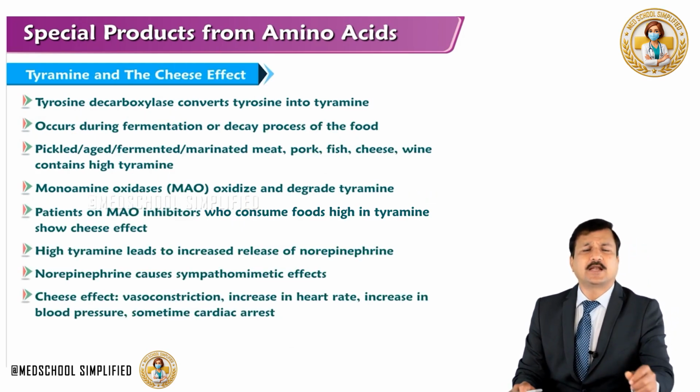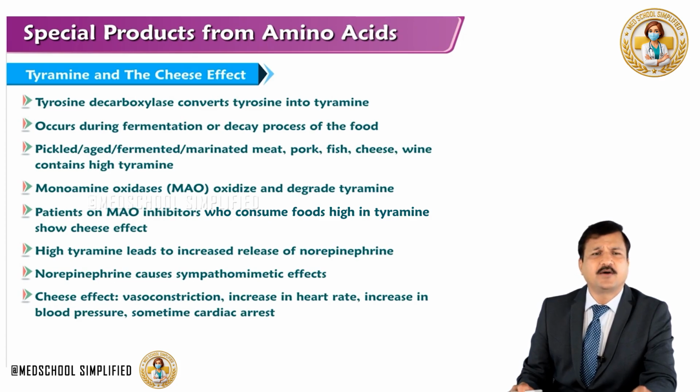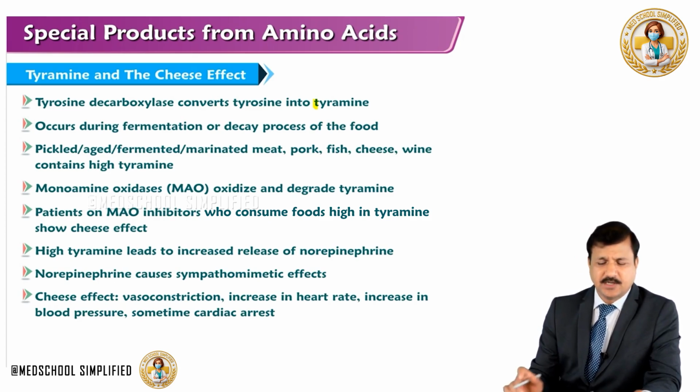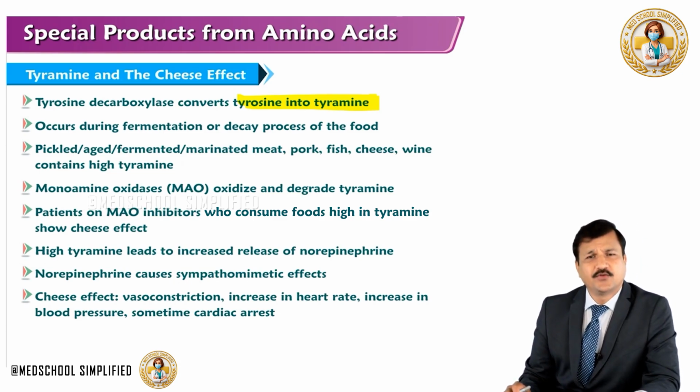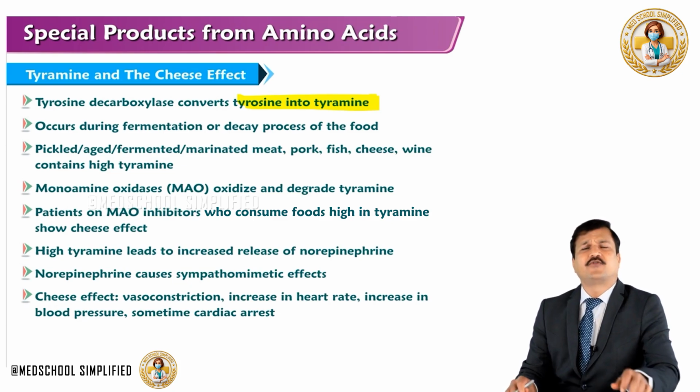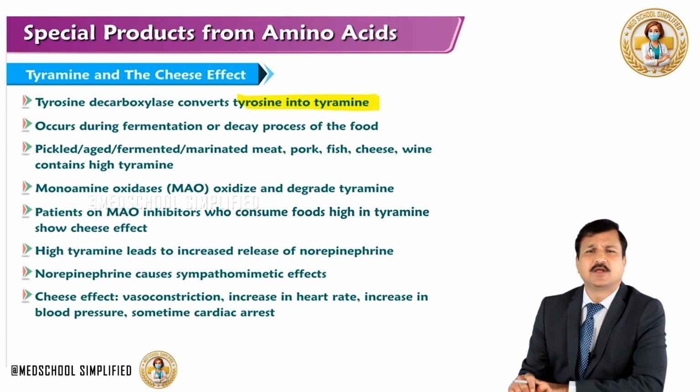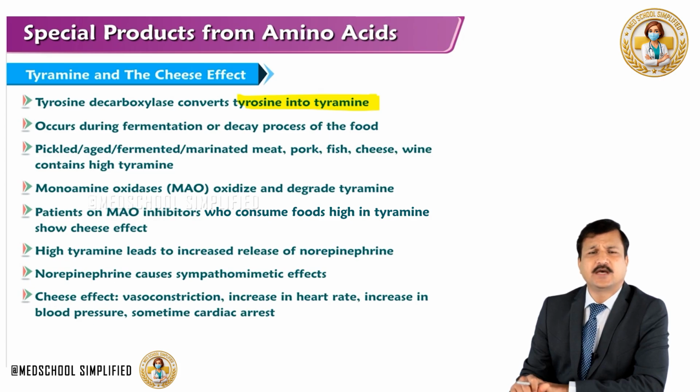Coming to tyramine, which is a decarboxylated form of tyrosine, and the cheese effect. Tyrosine decarboxylase enzyme converts tyrosine into tyramine, and the tyramine content in food will increase whenever food is stored for a long time, or fermented, or kept for a decay process for a long time, because continuously the tyrosine present in that food, especially if the food has higher protein content, will be converted to tyramine.